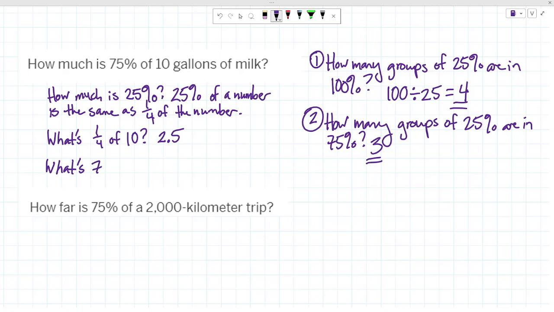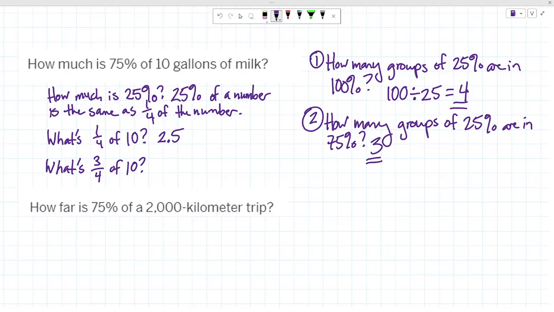So what's 75%? Well, 75% is like 3 times 25%, so it's actually the same as taking 3/4. So what's 3/4 of 10?